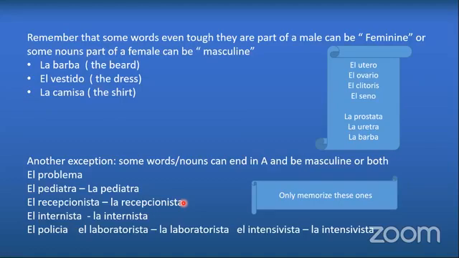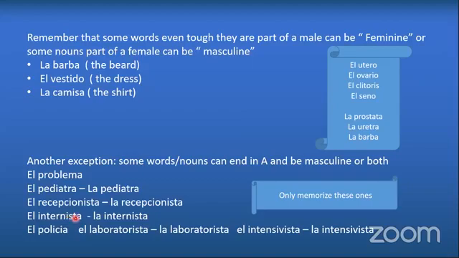Yo soy Matthew. Yo soy el recepcionista. Or we can hear something like, hola, buenas tardes. Yo soy Mónica. Yo soy la recepcionista. So recepcionista doesn't change.